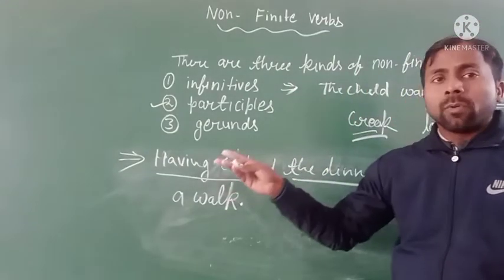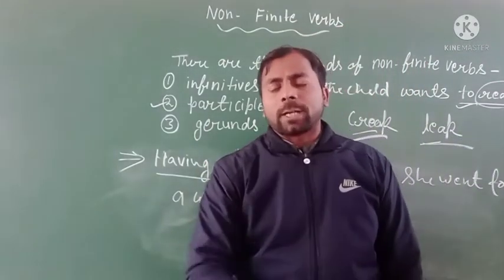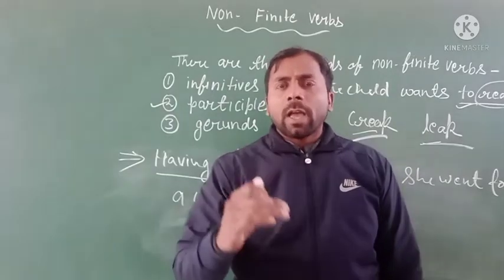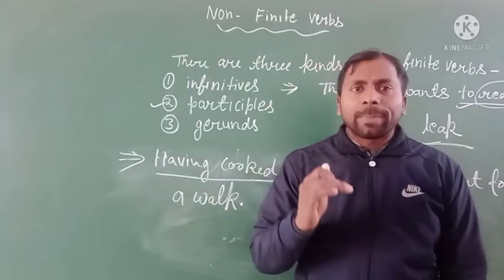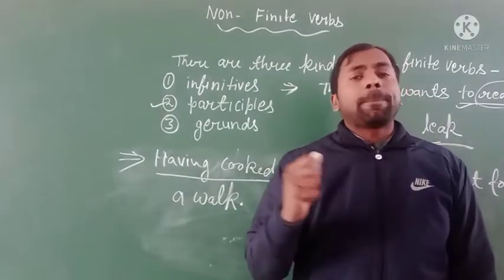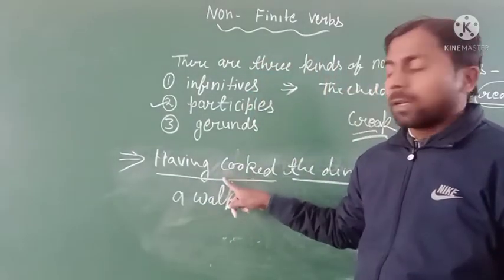So the word having cooked is a perfect participle. It is a perfect participle and it represents an action that was completed at some point of time in the past. It is also a participle.